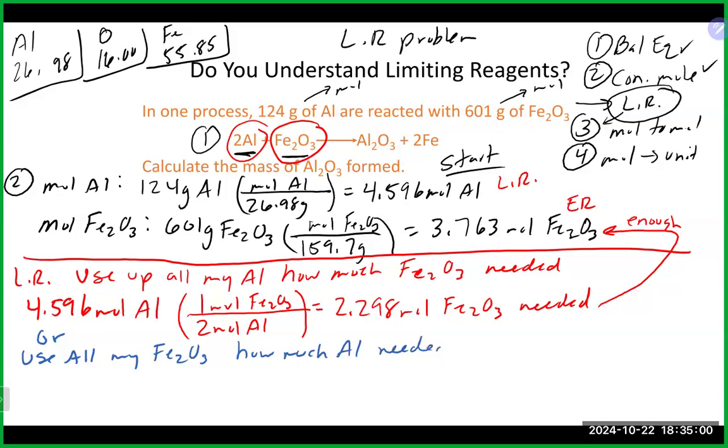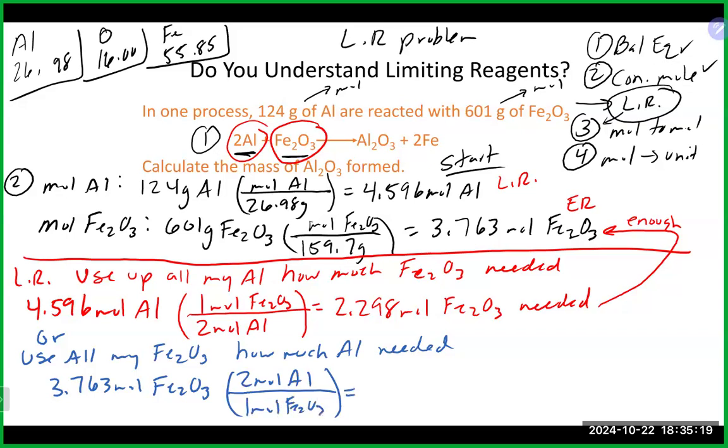You could have done the other calculation, which would have been 3.763 moles of iron 3 oxide using the same mole to mole relationship, just flipped. 2 moles of aluminum to 1 mole of iron 3 oxide tells you that for the aluminum, you would need 7.526 moles of aluminum.